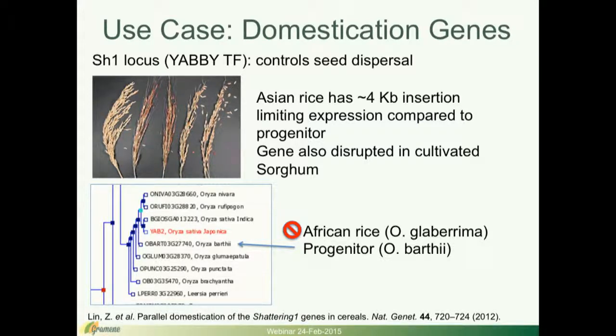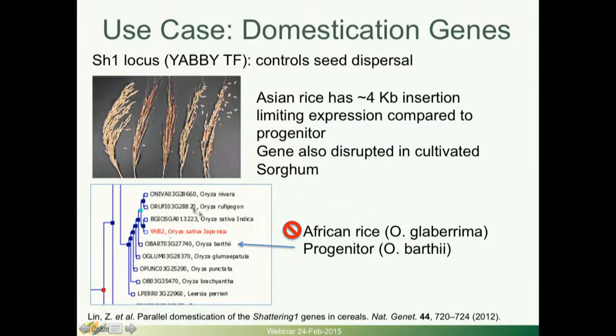Many people may not know this, but in addition to Asian rice, there's African rice, which is a completely independent domestication of a cultivated rice that was only 5,000 years ago. African rice's scientific name is Oryza glaberrima. The wild progenitor of Oryza glaberrima is Oryza barthii.